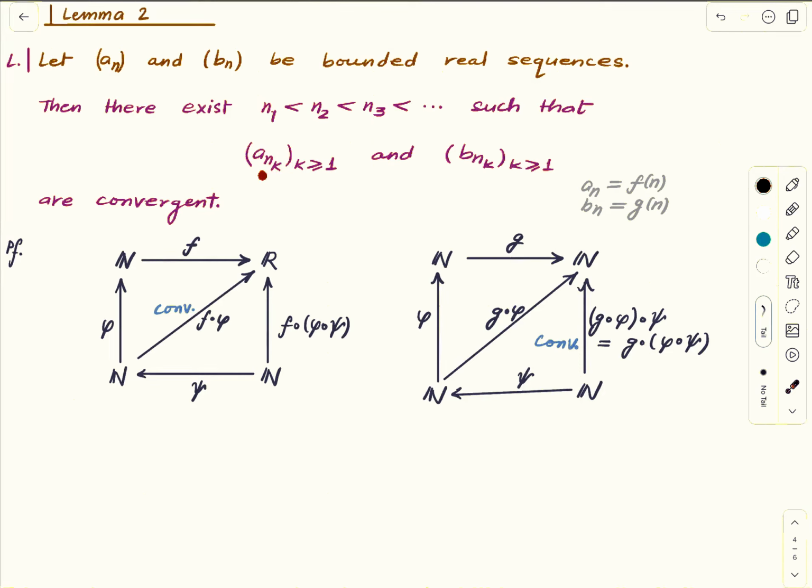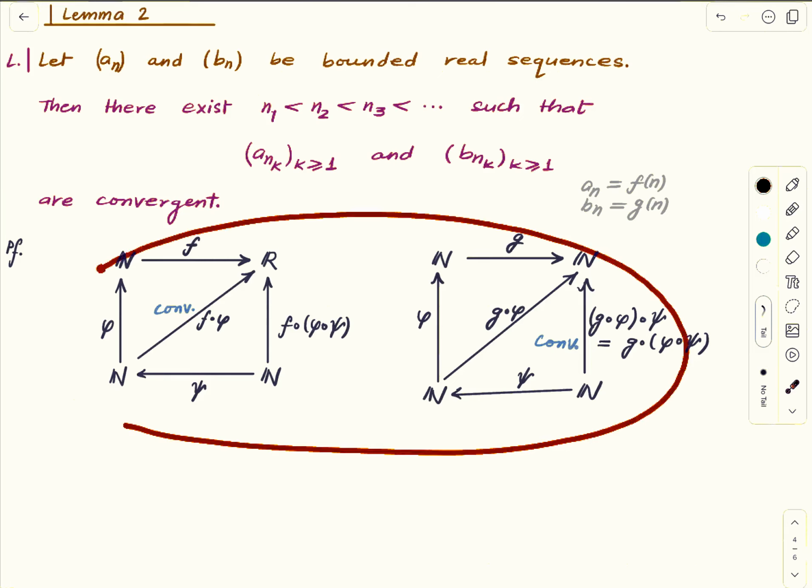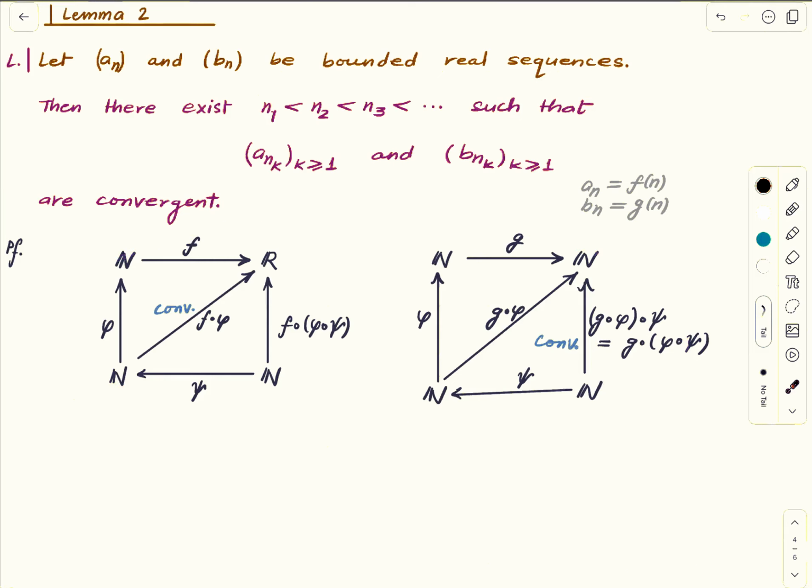Double subscripts already appear, but once you extract a further subsequence of a subsequence, you'll have triple subscripts, and that starts looking not just ugly but intractable. So this language saves the day. And with that, let us proceed to the main theorem, or the main result of this lecture.